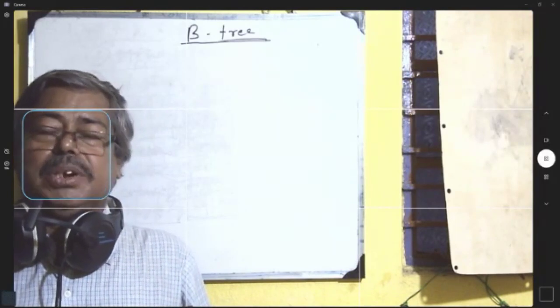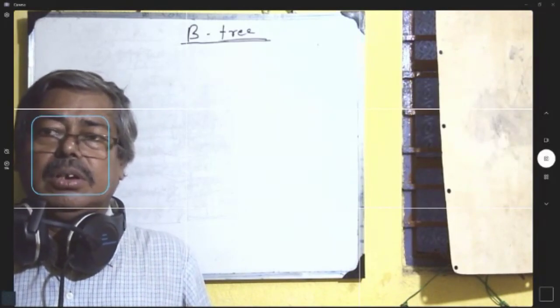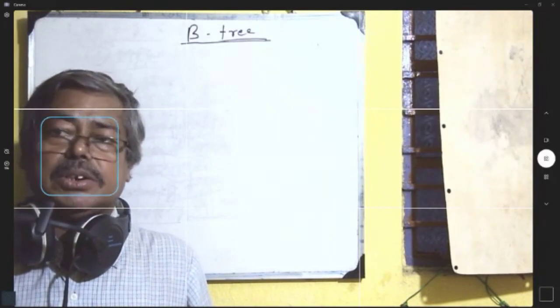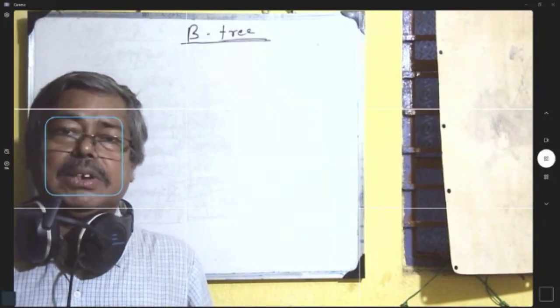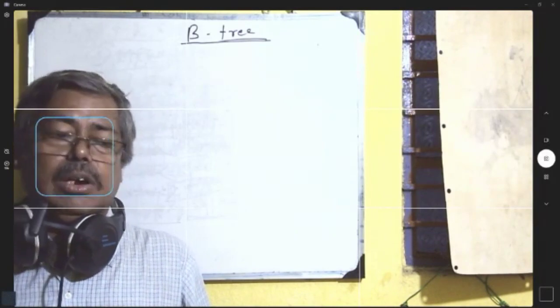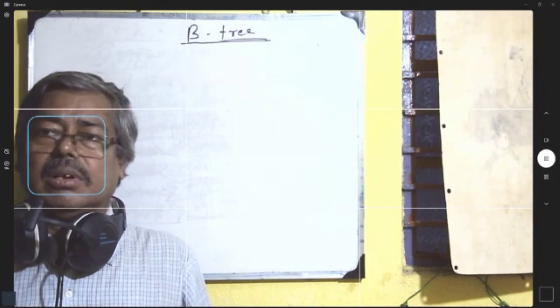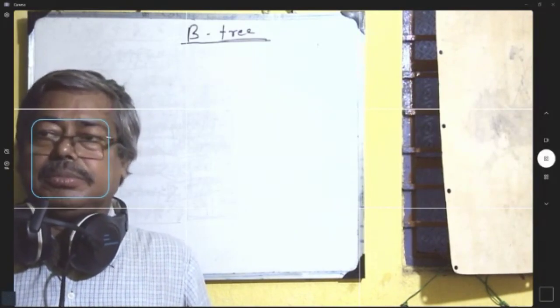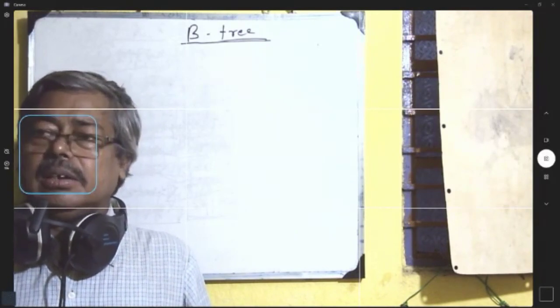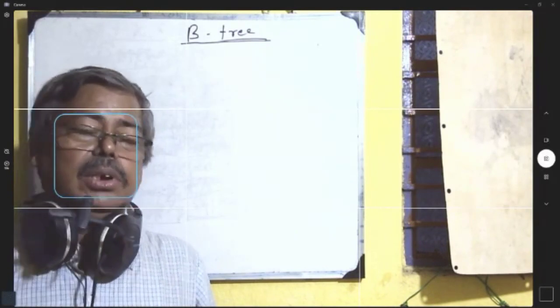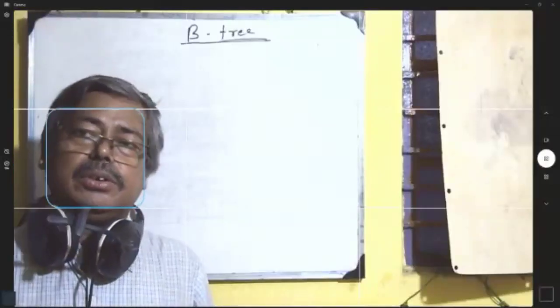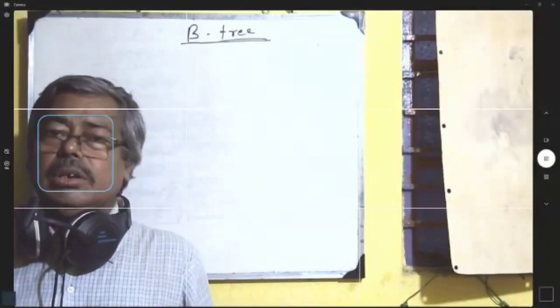For this purpose, B tree is the best, or in my opinion B tree is the best for indexing, and it is used in almost every relational database management system. We store data on disk, and the disk is related to the main memory.